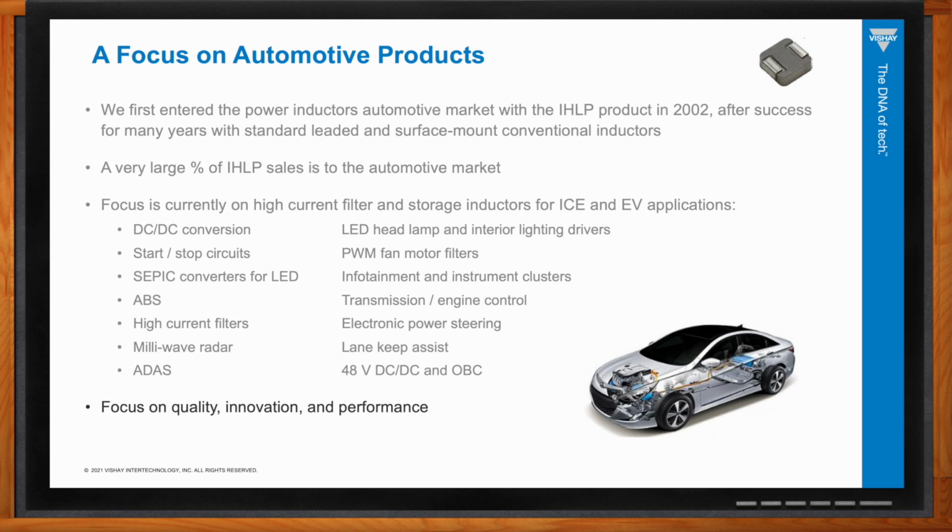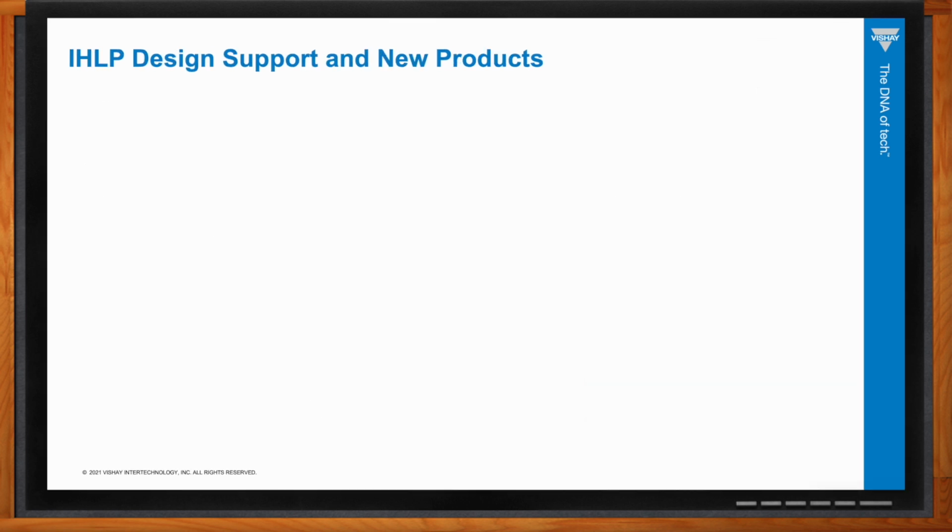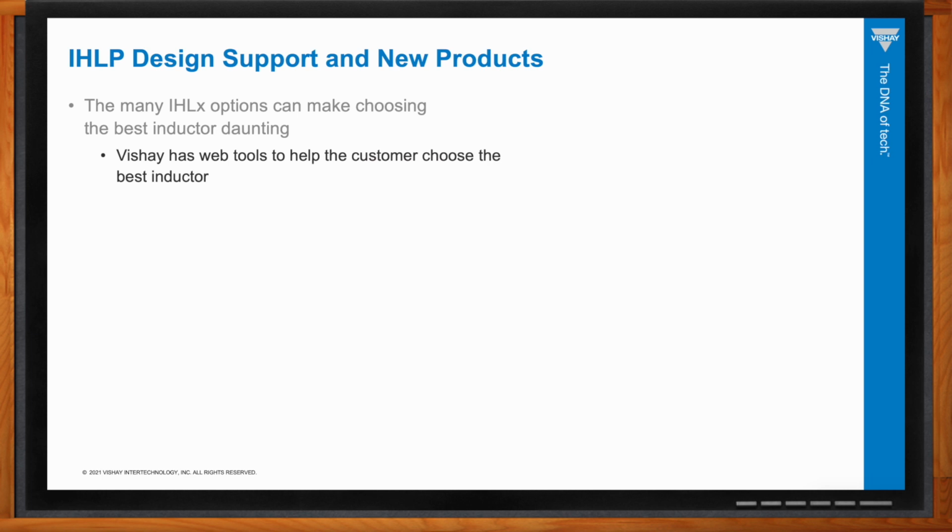Okay, so Tim, with so many options, where do I start my composite inductor design? And where is this technology headed in the future? That's a very good question. So many IHLP options can make choosing the best inductor rather daunting. So Vishay has web tools that help the customer choose the best inductor for their application.